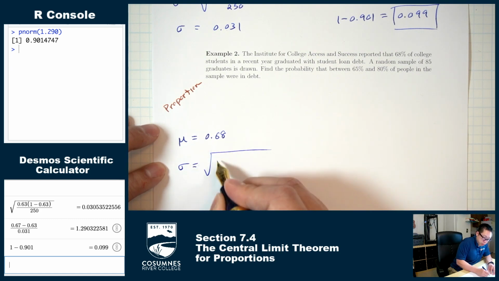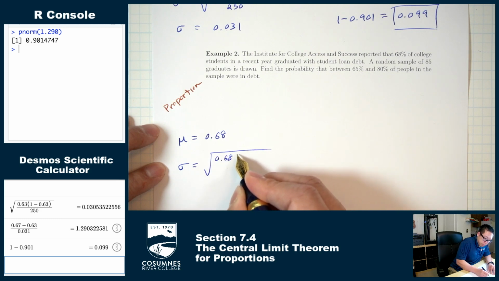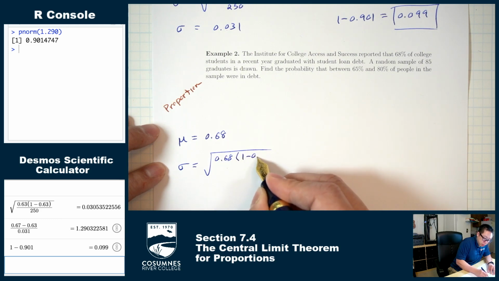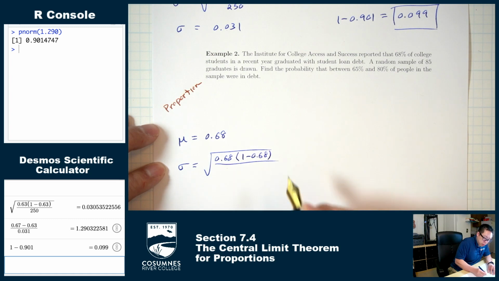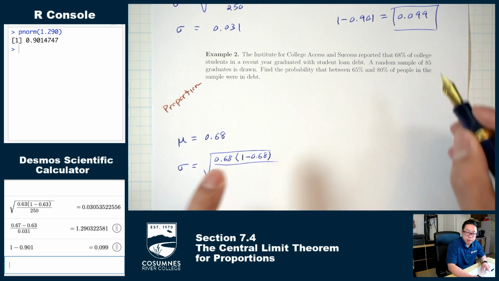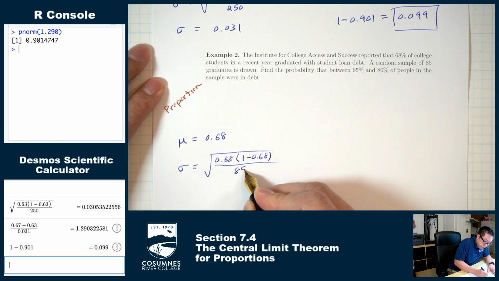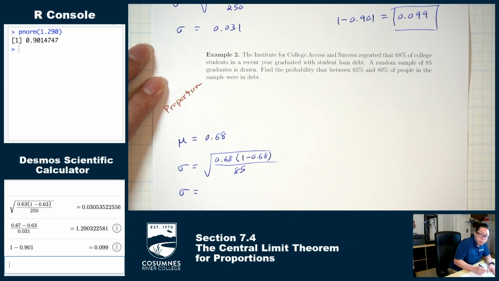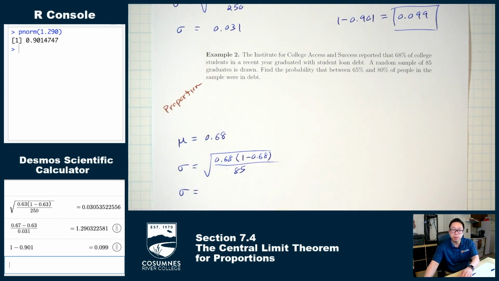It's going to be p, 0.68, 1 minus p, 1 minus 0.68, over n, the sample size, how many people? 85. All right, so the standard deviation we're supposed to use here is going to be the square root.